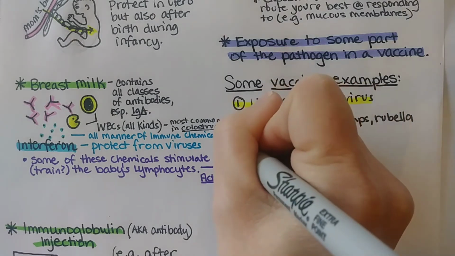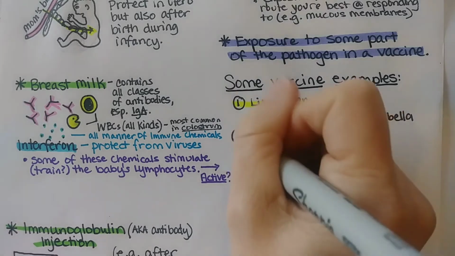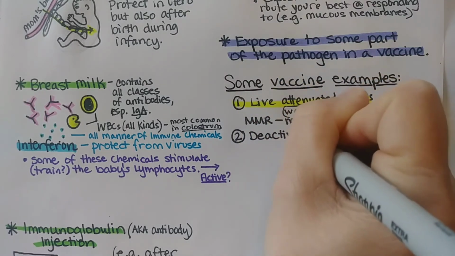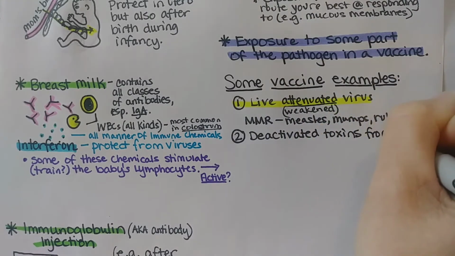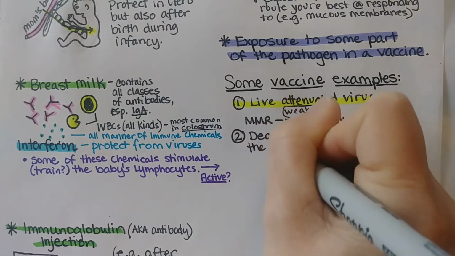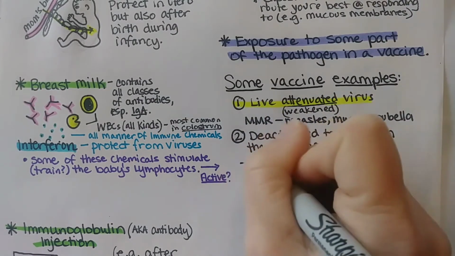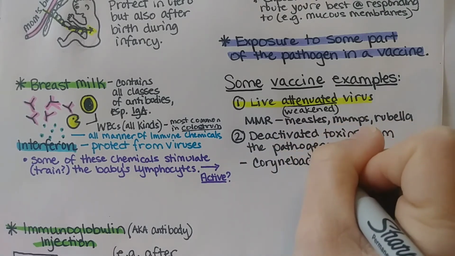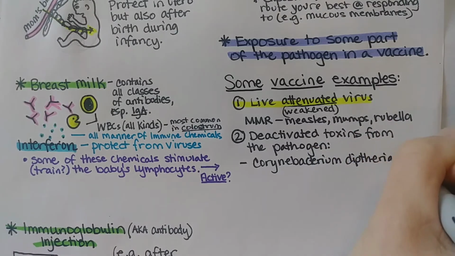So instead, what is really common for some of the most deadly diseases would be deactivated toxins from the pathogen. Some of my favorites for this would be Corynebacterium diphtheriae, and it's the toxin.